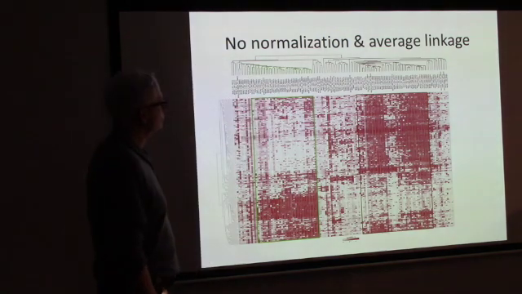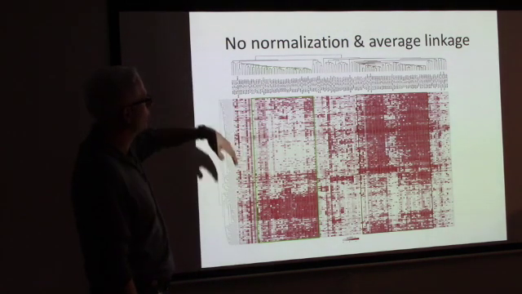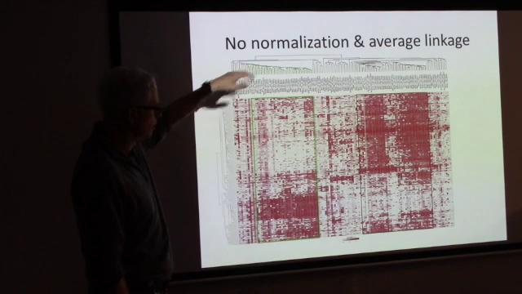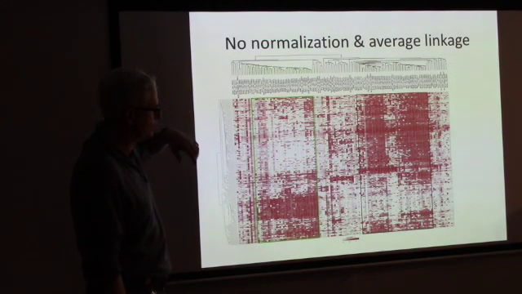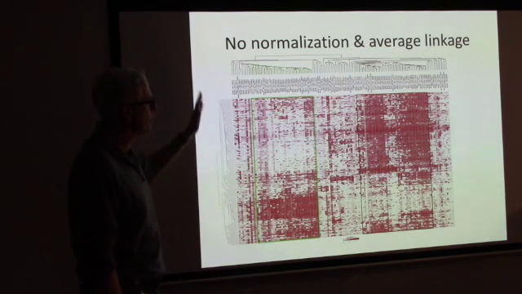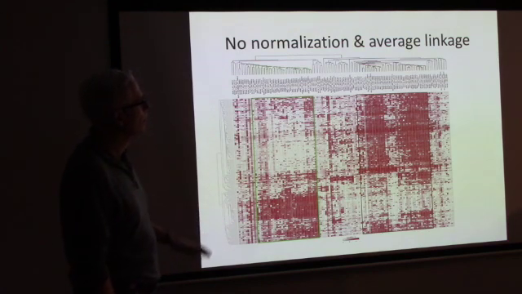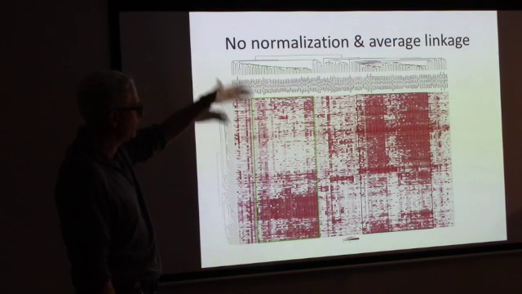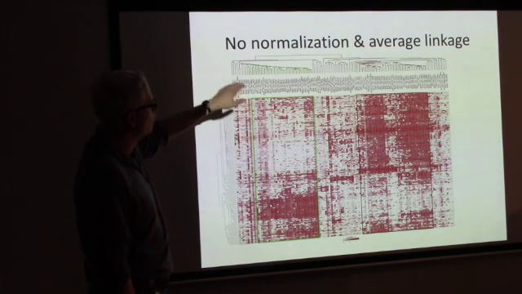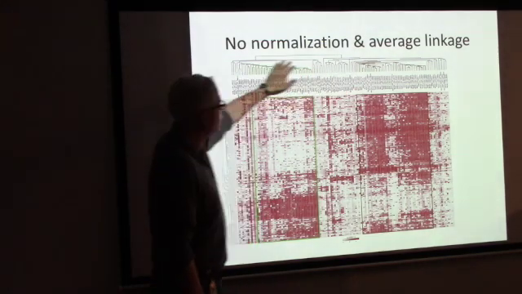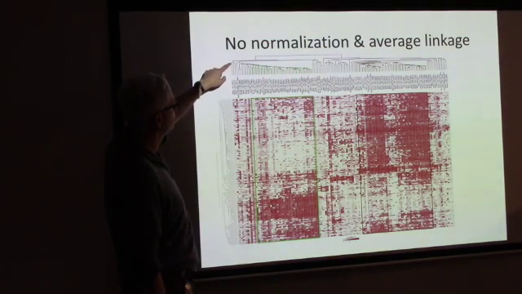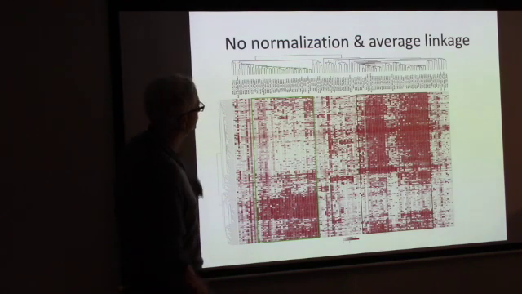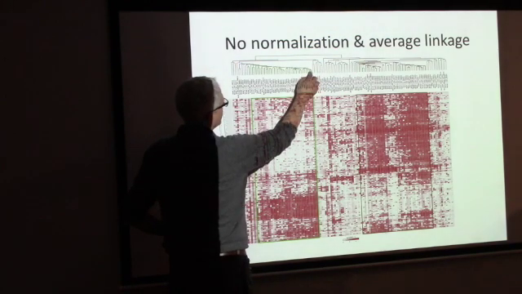So this is an example where we had no normalization. This happens to be RNA expression values. These are samples, these are genes. And we're just using average linkage. And then what we get is this kind of a cascade, where you have a little cluster here, and then it adds one, and then it adds another to the next cluster, and then it adds a couple more.